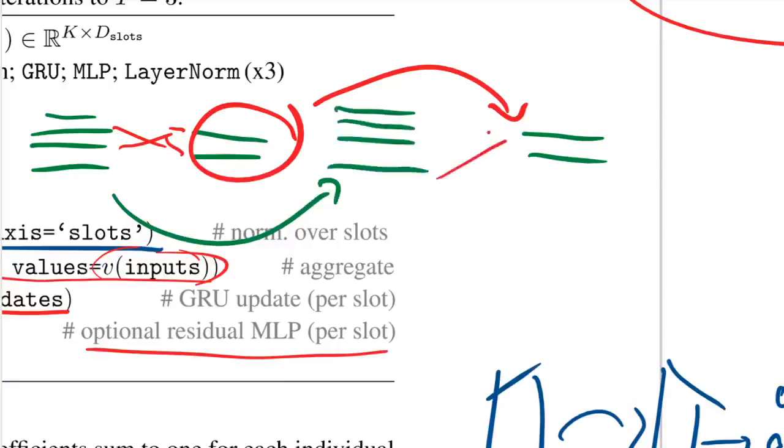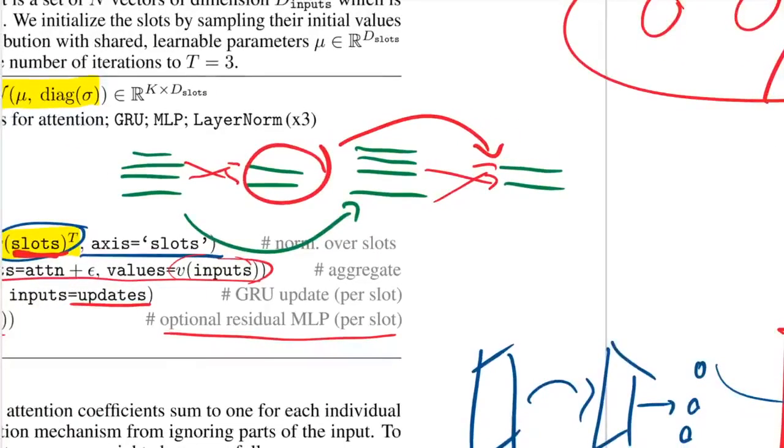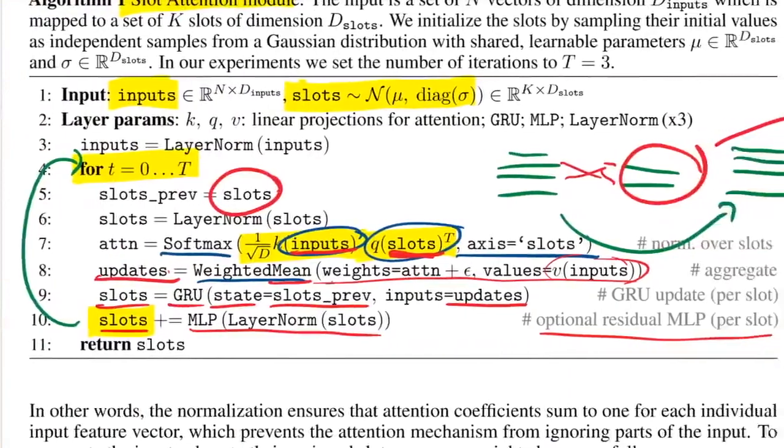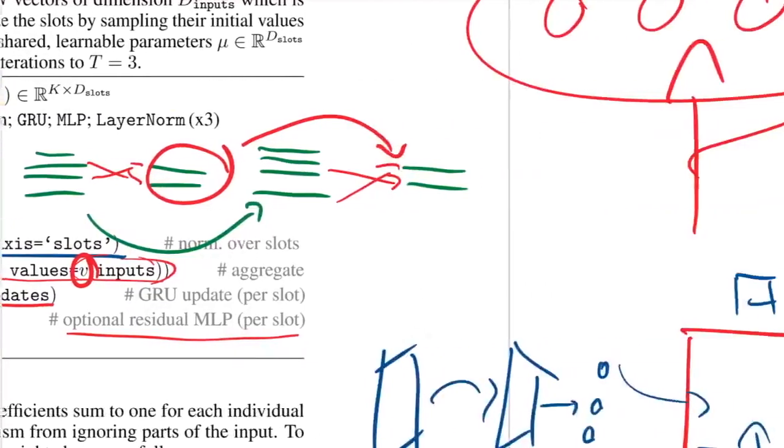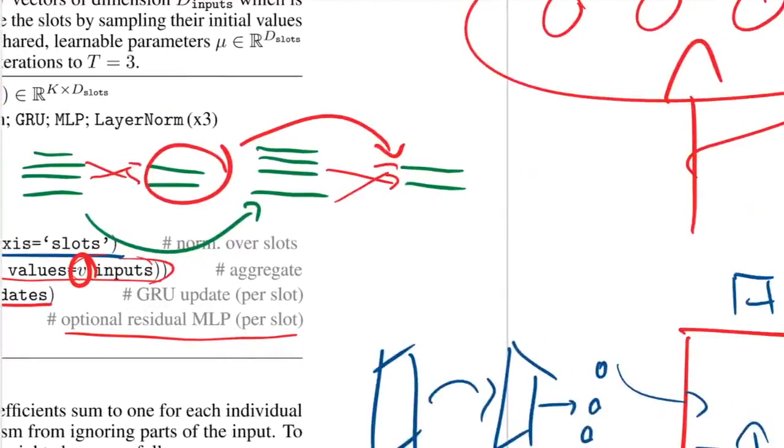And this is supposed to be this iterative procedure. You might have seen this in capsule networks. I've done a video on capsule networks where exactly this type of iterative routing, you always have the same routing functions, right? The functions for value and key and query are always the same, but you do this iteratively many times in a row.